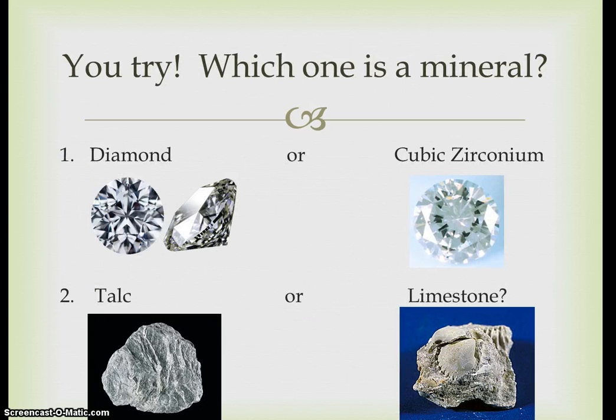Alright, so real quick, we're going to go through a few slides where we're going to look at some examples and see if you can decide which one is the mineral and which one is not a mineral. So the first one, for a diamond, see if I can get my pen going over here. A diamond is natural. Okay, I'm going to put a little NAT next to it. A cubic zirconium is man-made.